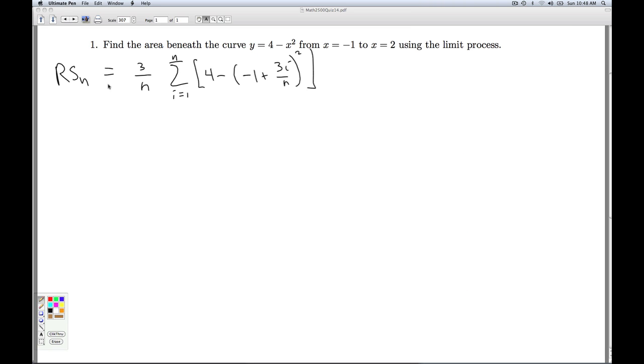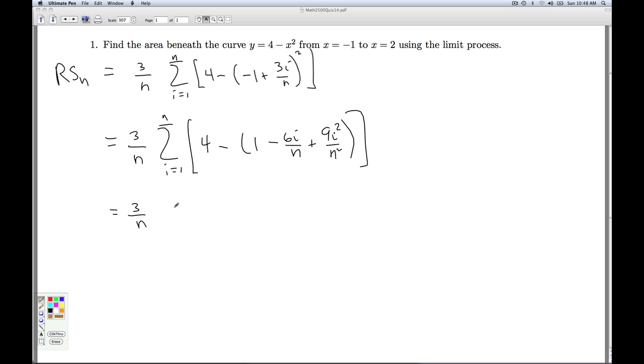Okay, so we start to simplify. I've got 3 over n summation, i goes from 1 to n, of 4 minus, and I'm going to square this out. So (-1) squared is a positive 1, minus 3i over n, minus another 3i over n, gives us minus 6i over n, plus 9i squared over n squared.